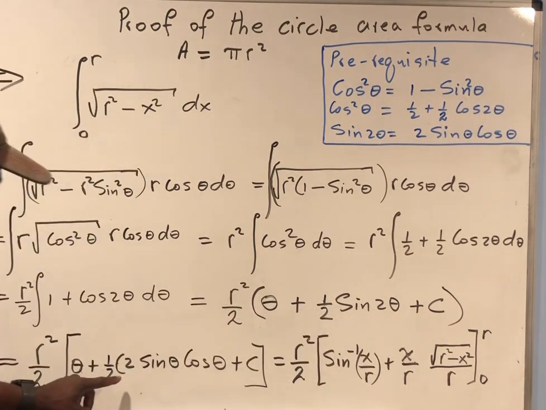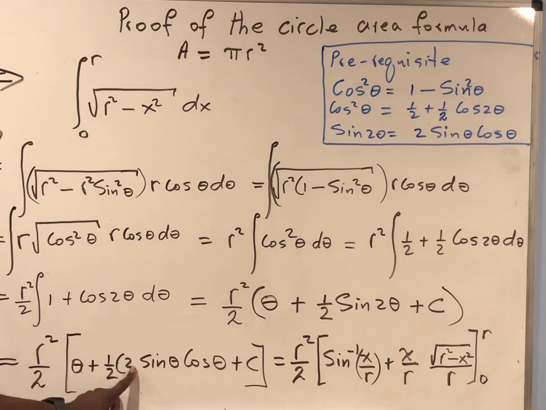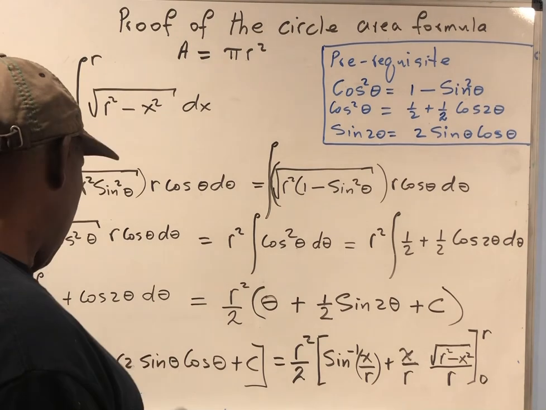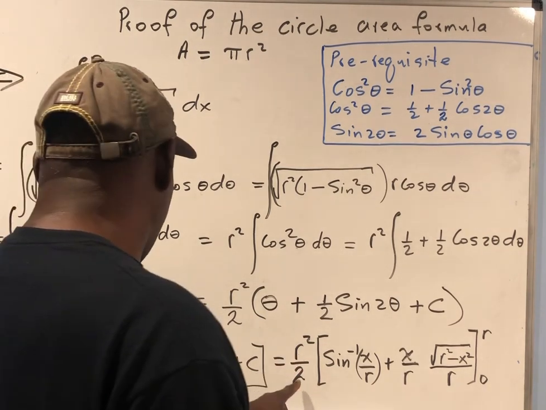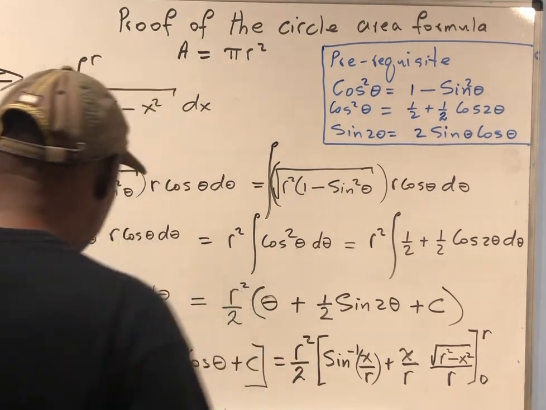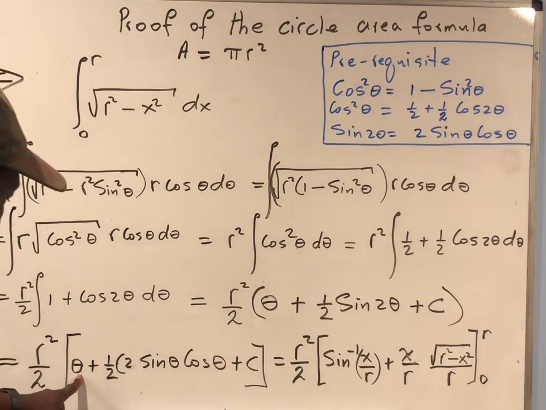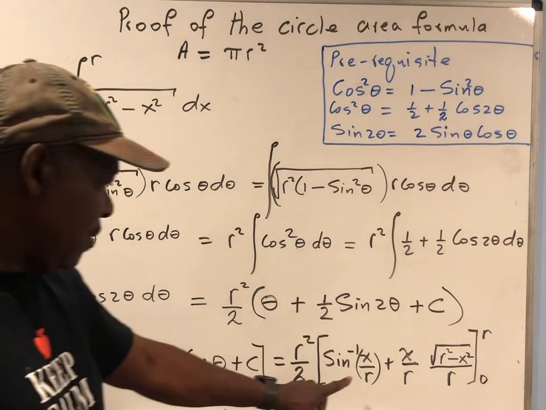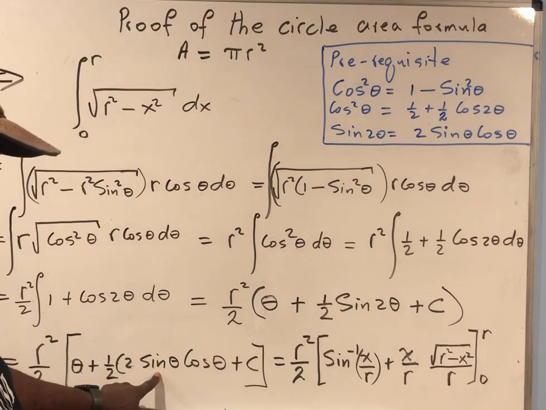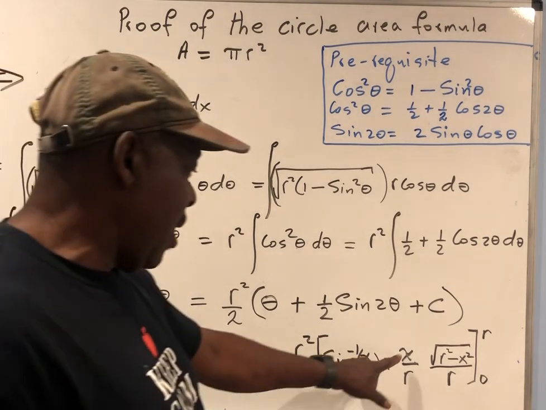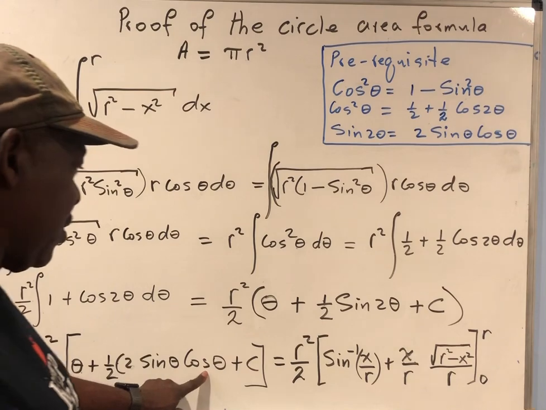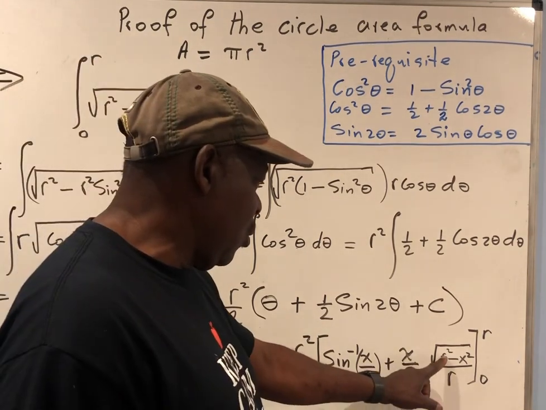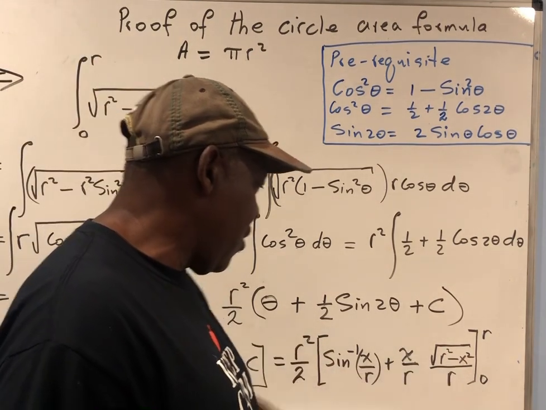Sine 2 theta gets switched to that. 1/2 times 2 cancel out that fraction, and now we have r squared over 2 times, substituting back, theta was equal to sine inverse x over r. Sine theta is equal to x over r, and cos theta was equal to the square root of r squared minus x squared over r.